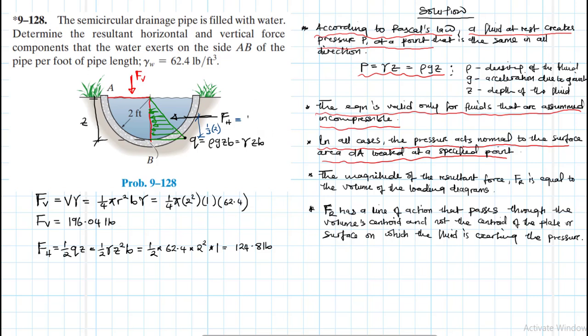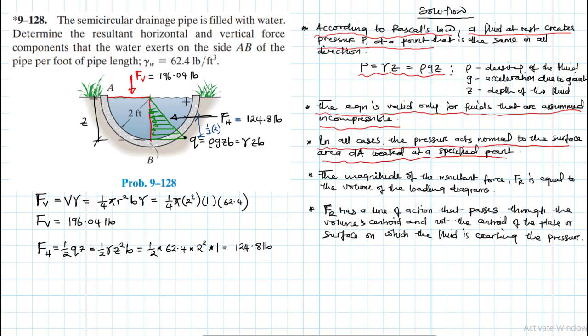FH is equal to 124.8 pounds. Then FV is going to be equal to, what did we find? 196.04 pounds. So this is what we have.